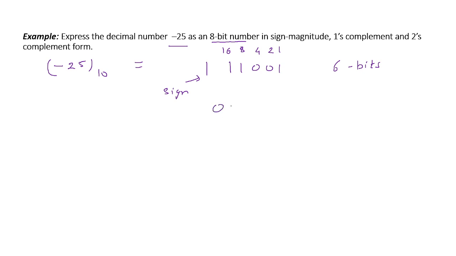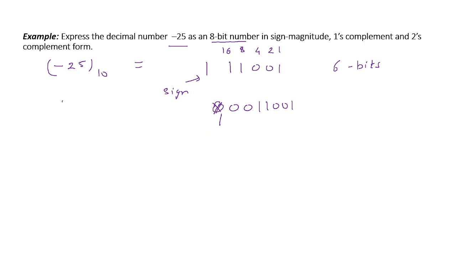We can write 25 in 8 bits like 00011001. And this is the 25 in 8 bits. We can read the weights are high at 16, 8 and 1. So this is the number in 8 bits representing 25. But we need to write the minus 25. So the MSB will be replaced by 1 to indicate the sign bit.